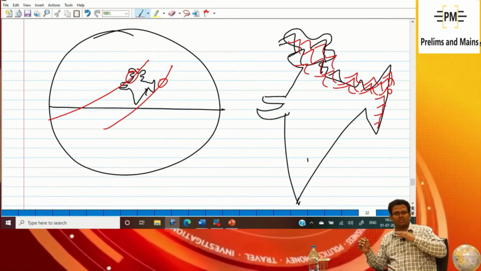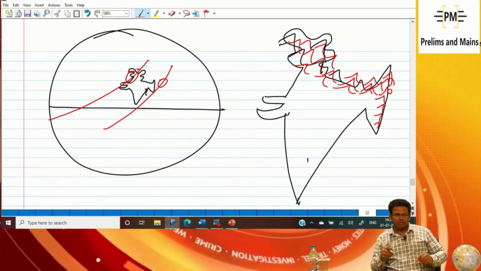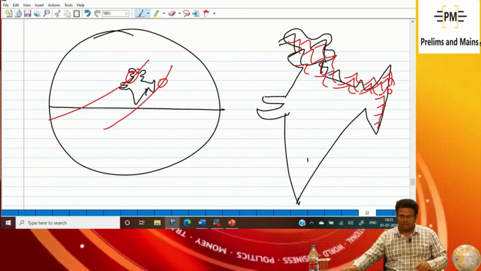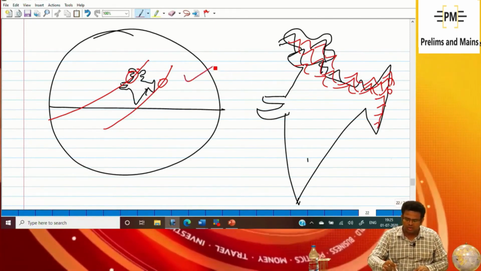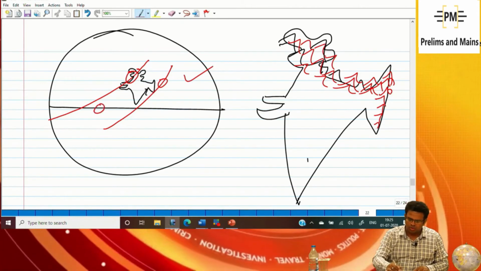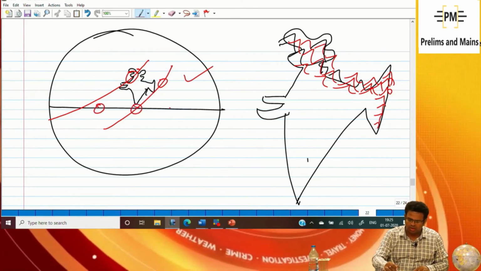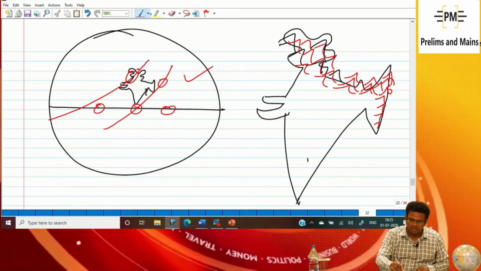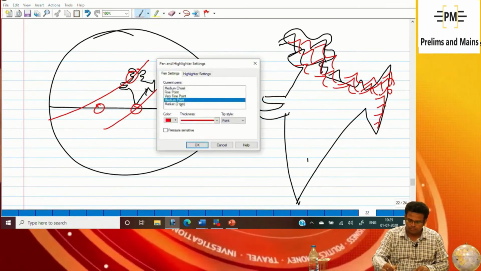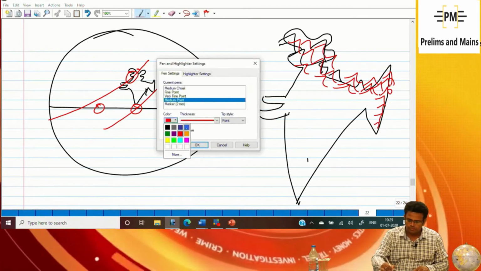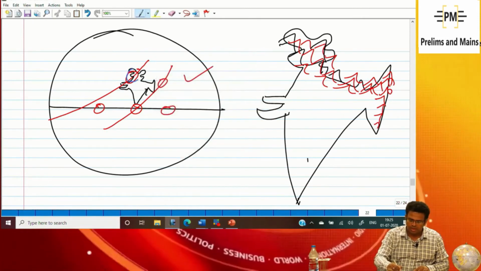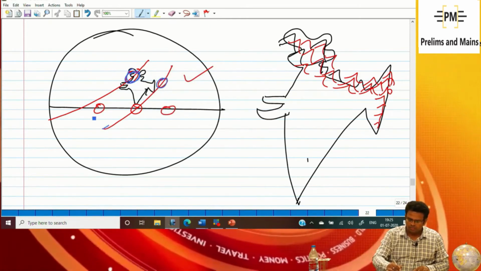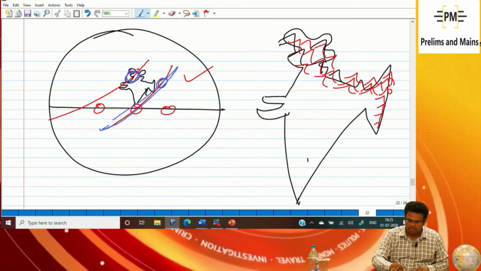Geostationary does not make an angle, it is at 0 degrees and it is here. So now this picture is clear to you, that I should have some geostationary Earth orbit satellites above the equator, and I should have some geosynchronous also.